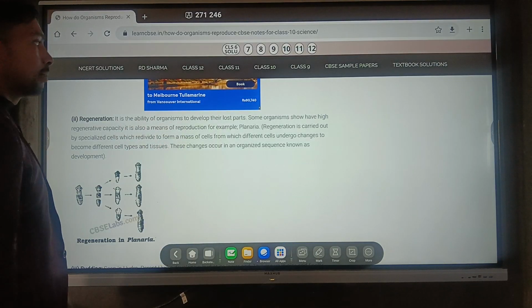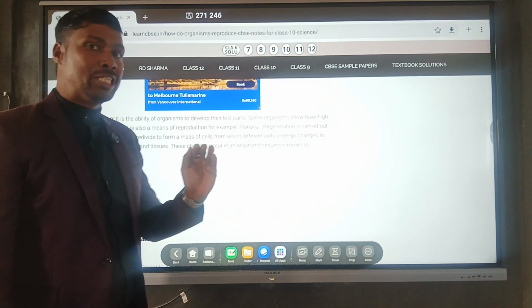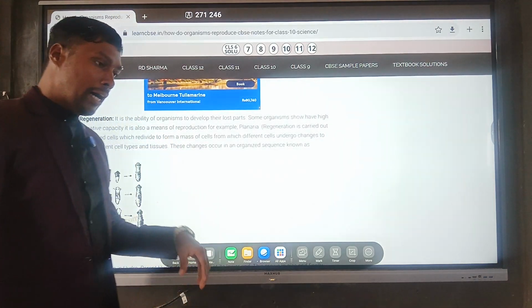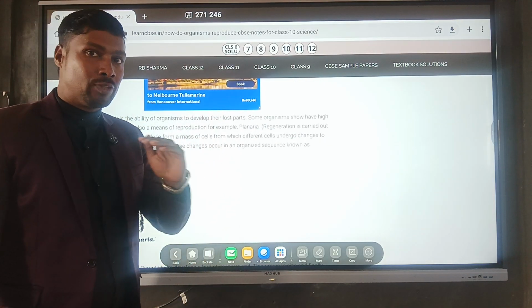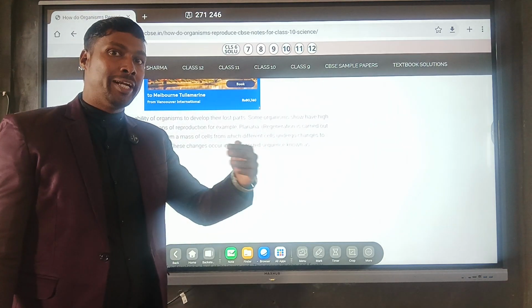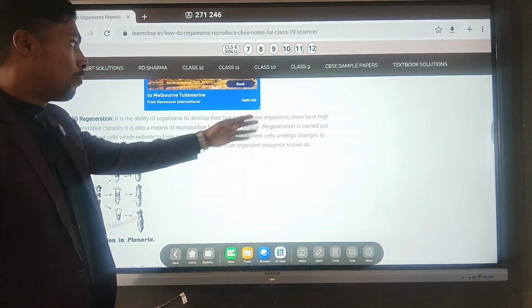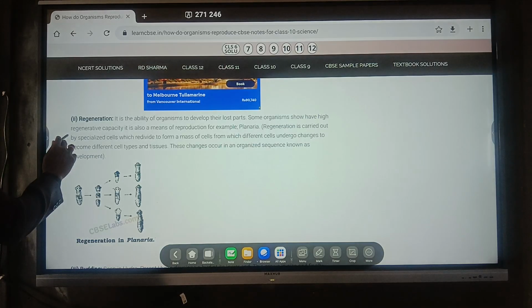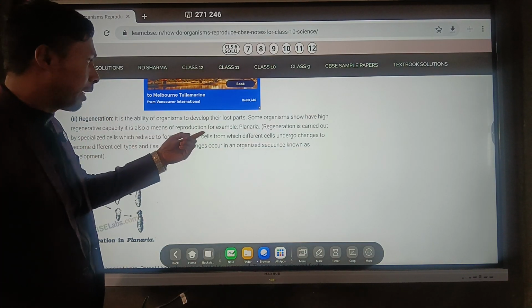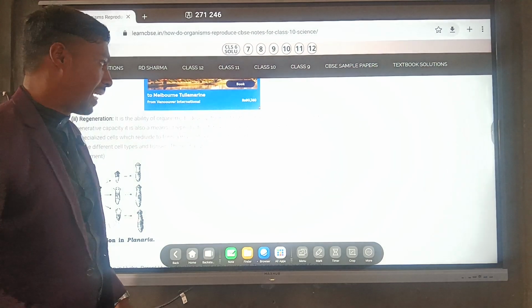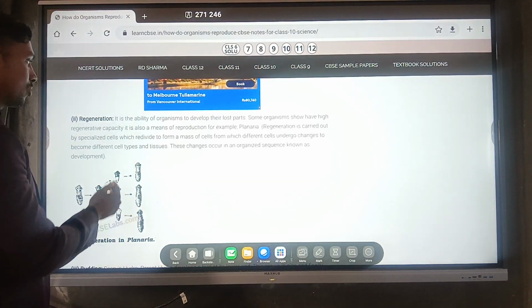It is the ability of an organism to develop its lost parts, whether the head, tail, or middle of the body. If that part is lost, it has the ability to grow again. Some organisms have a high regenerative capacity. It is also a means of reproduction, for example planaria. Planaria is the best example.